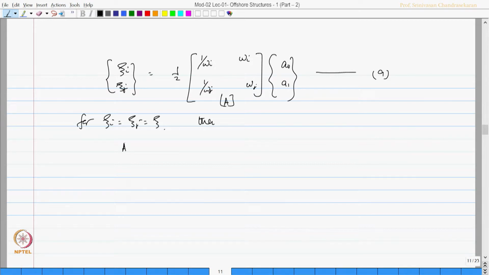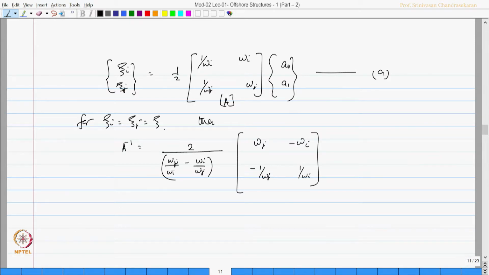Let us work out A inverse. It is very simple to find that it is going to be twice of 1 over (omega j by omega i minus omega i by omega j) of omega j, minus omega i, minus 1 by omega j, 1 by omega i.